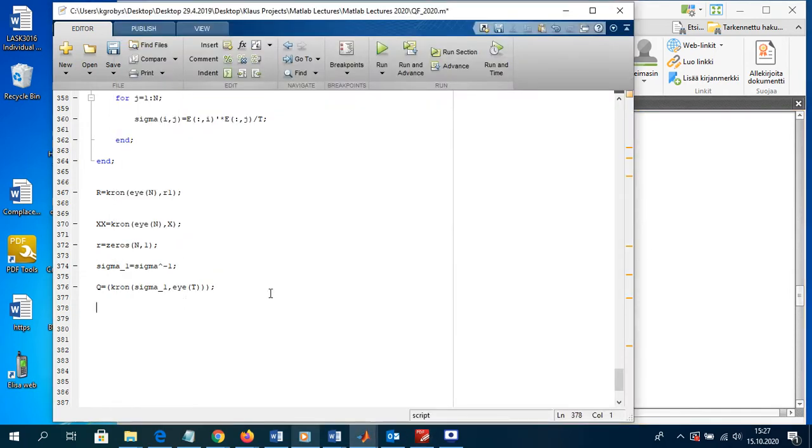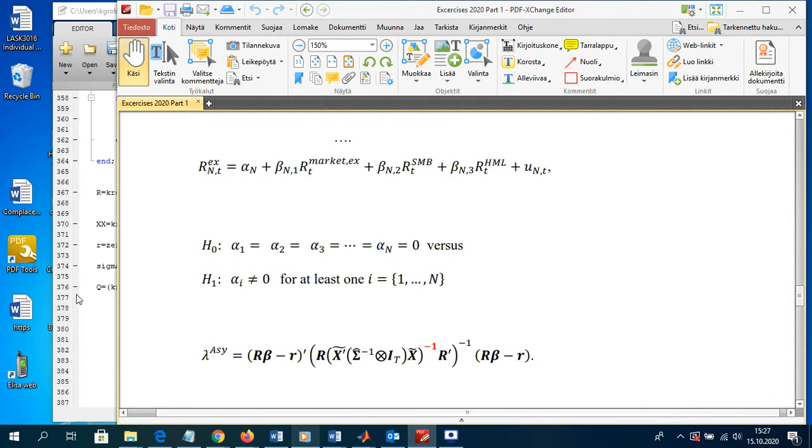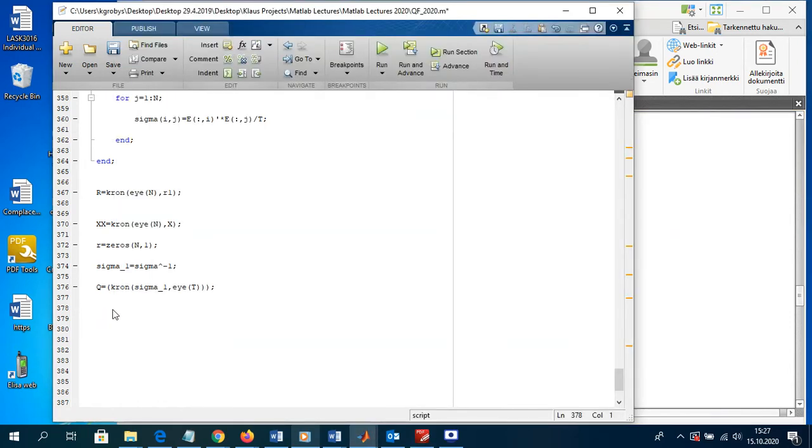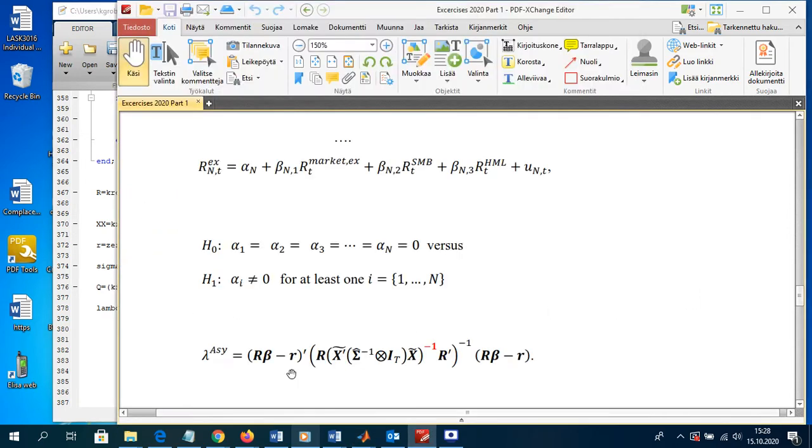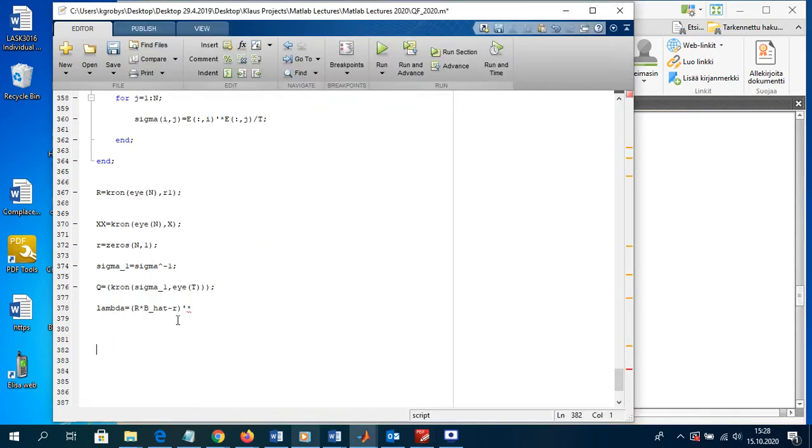So now we have to write this as code into MATLAB. So how do we do it? Let's call it lambda. What should it be? It should be R times beta underscore hat minus R transposed, right? Yes.